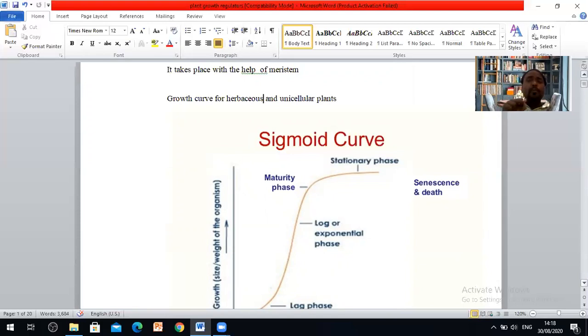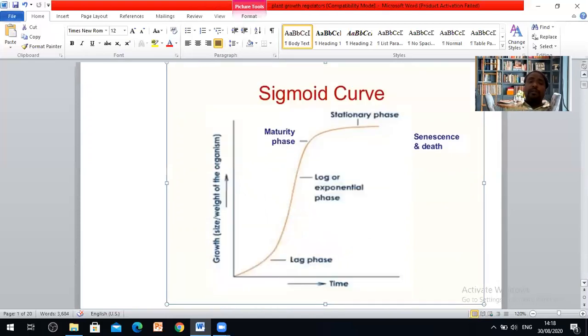In this sigmoid growth curve, there is an initial phase where growth is very, very slow. That initial phase is called the lag phase.